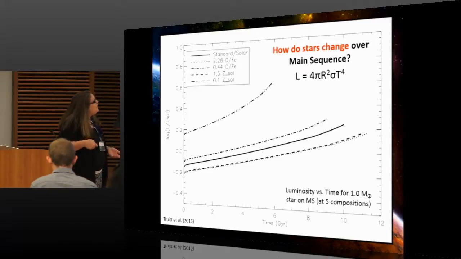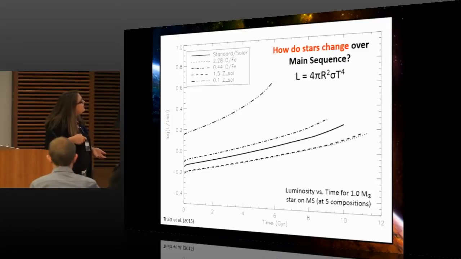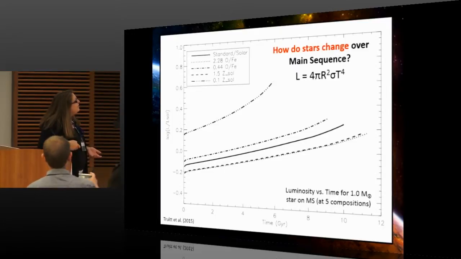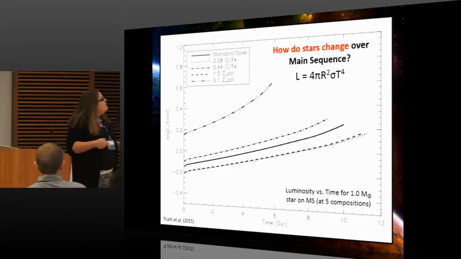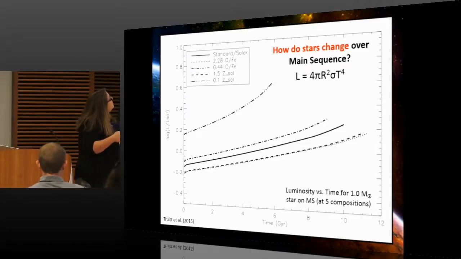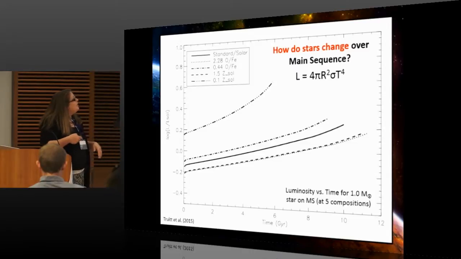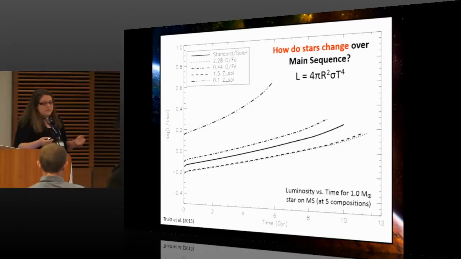You actually see that the lifetime can be significantly truncated versus the sun, which lives about 10 billion years. So something with about half the oxygen of our sun lives about half as long, and it's much brighter. So there's a lot of different things that come into play here, and I'll talk more about that.